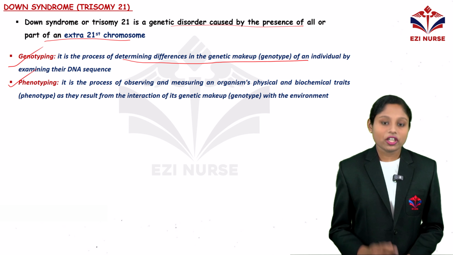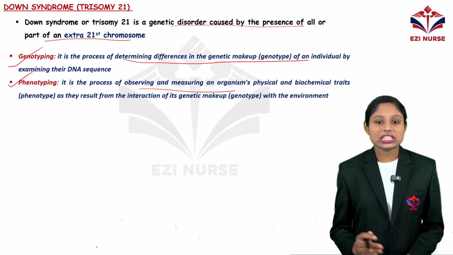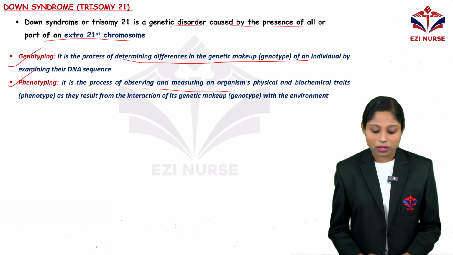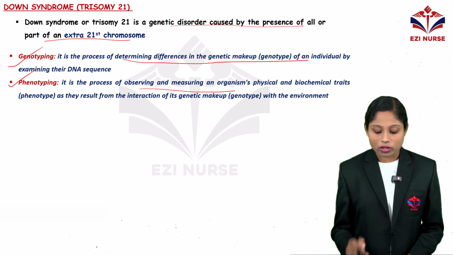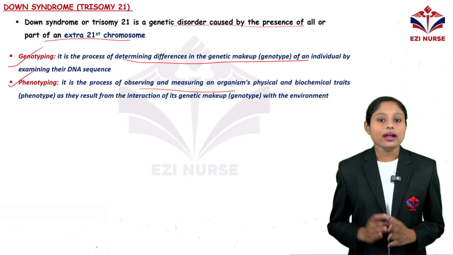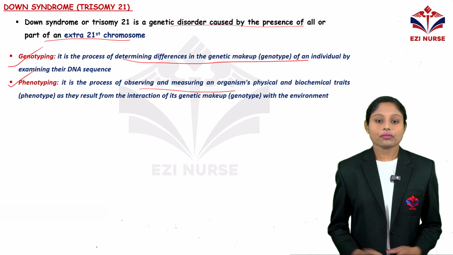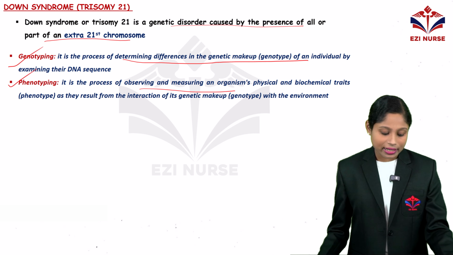Next one is phenotyping. What is it? It's the process of observing and measuring an organism's physical and biochemical traits, which result from the interaction of genetic makeup with the environment. That test is known as phenotyping. So genotyping and phenotyping are very important genetic tests.